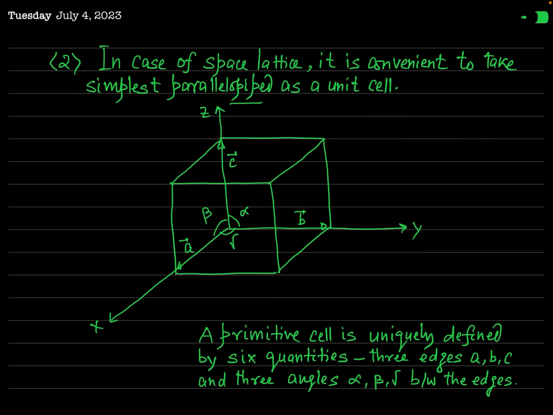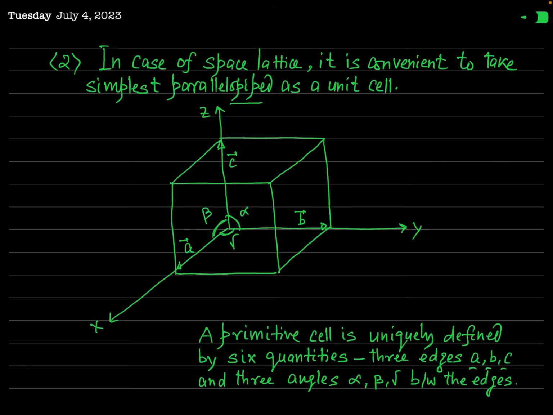One is alpha, which is the angle between B and C. Another angle is beta, which is the angle between A and C. And the third one is gamma, which is the angle between A and B. Actually, this primitive cell is uniquely defined or characterized by these six quantities, among which there are 3 edges A, B and C, and 3 angles alpha, beta and gamma between these edges, as I have shown in this figure. Okay.